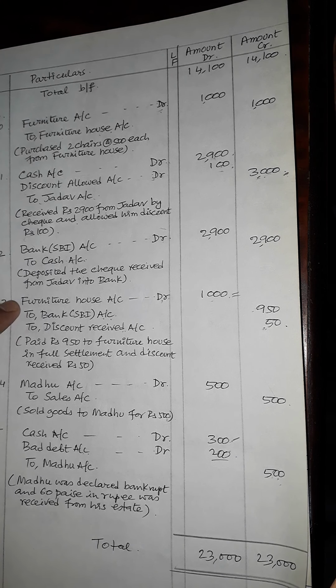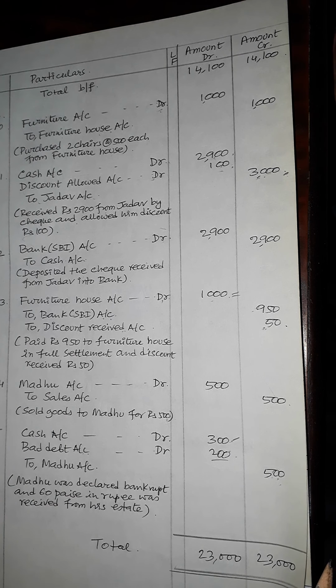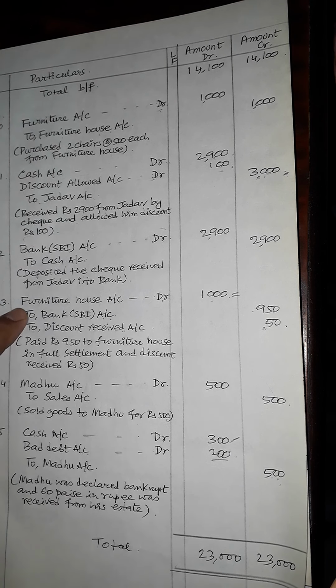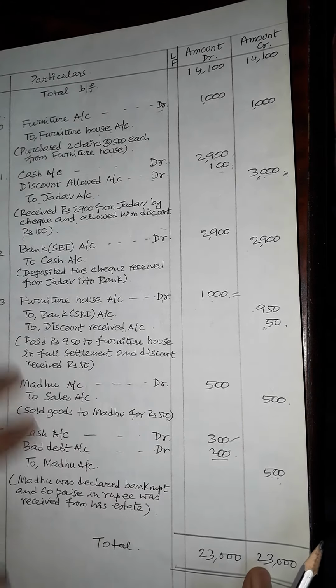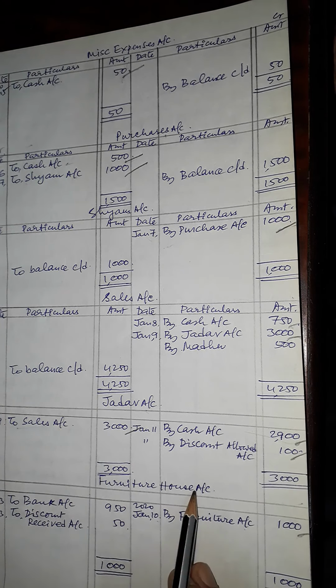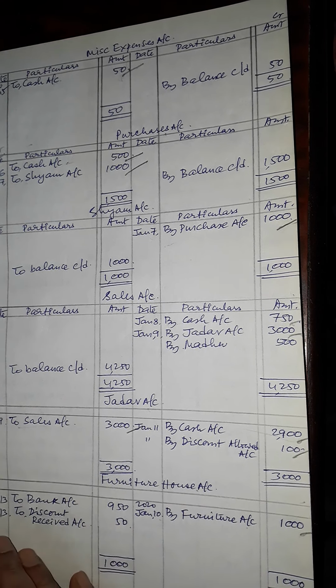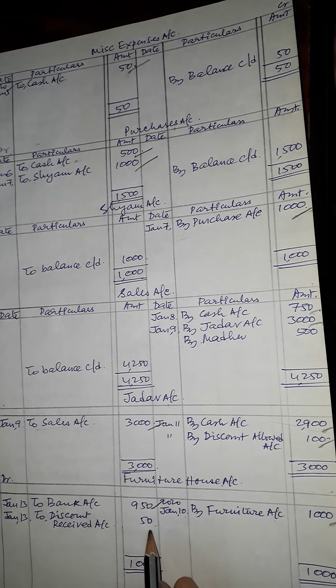Another is furniture house account debit 50 to discount received account 50. So the composite transaction is furniture house account debit 1000 to bank 950 and to discount received account 50. So in furniture house account we write the transaction as furniture house account debit to bank account 950 and to discount received account 50.